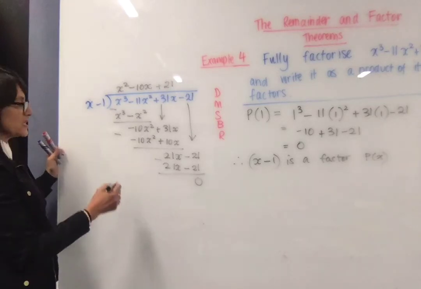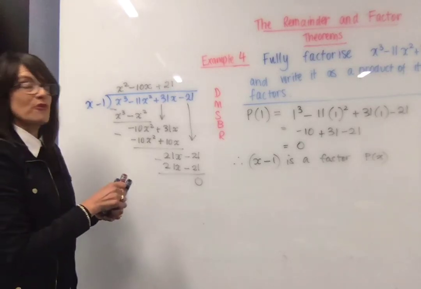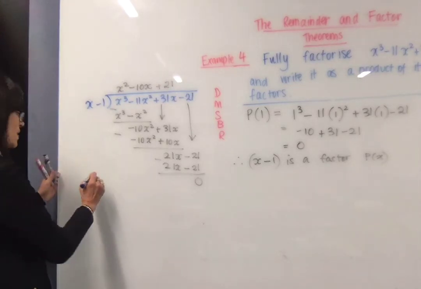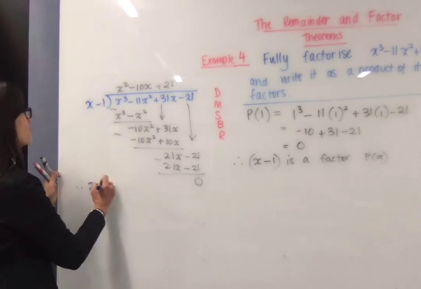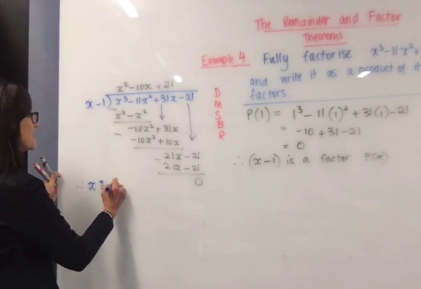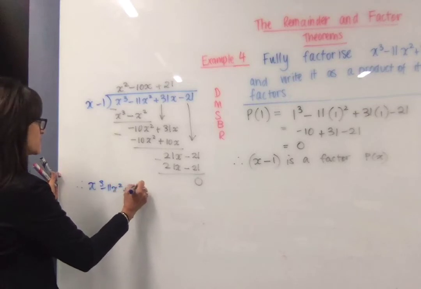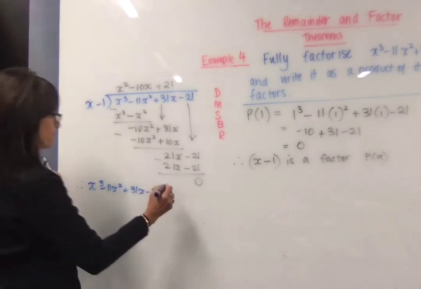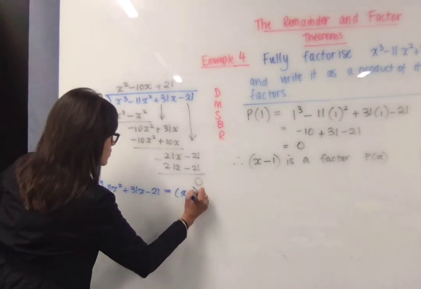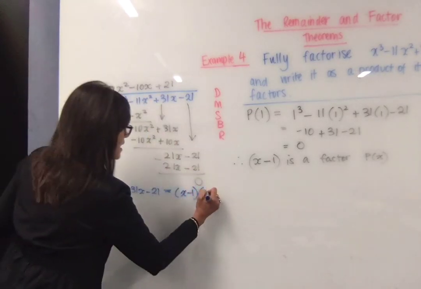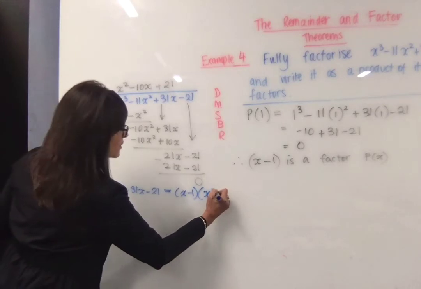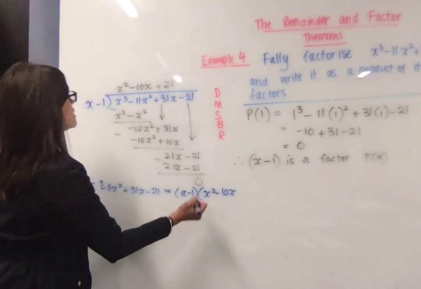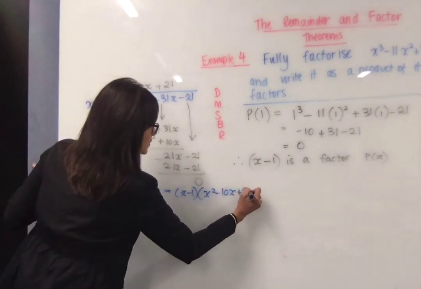So now I want to express this polynomial as a product of its factors. So we're saying now that therefore x cubed minus 11x squared plus 31x minus 21 is equal to x minus 1 times x squared, our quotient that we've just attained, minus 10x plus 21.